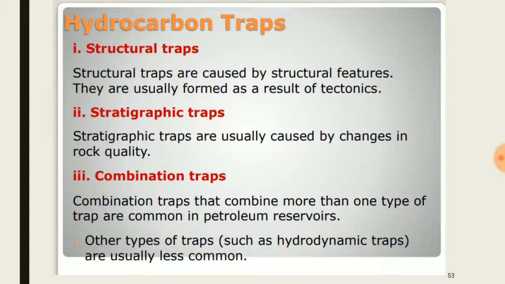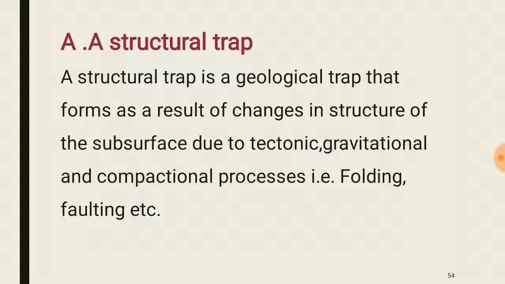So the stratigraphic trap is just a result of change in rock qualities. And also there is a combination trap. For the combination trap, you find two or more types of trap, and they are common in petroleum reservoirs. So we find that in a reservoir there can be more than two or three kinds of trap.